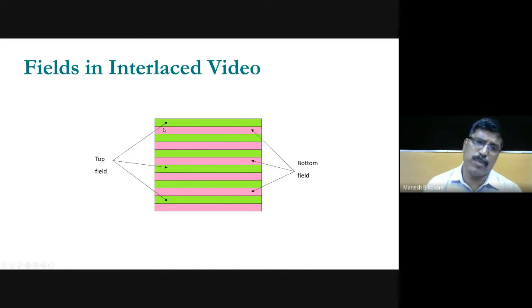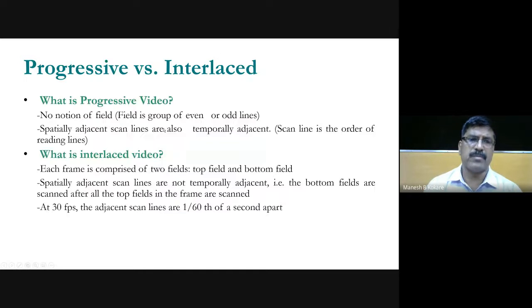But in interlaced video scanning, spatially adjacent scan lines are not temporally adjacent. That is, the bottom field is scanned after all the top field lines in the frame are scanned. So at 30 frames per second, the adjacent scan lines are 1 by 60th of a second apart.